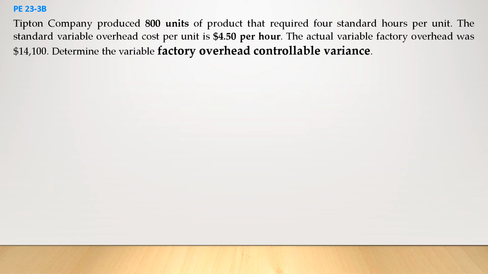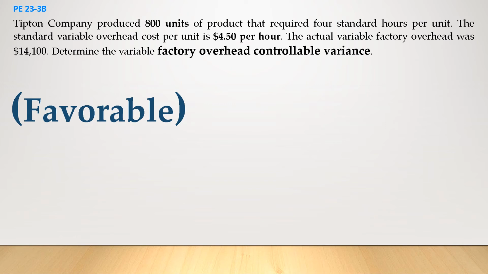The actual variable factory overhead was $14,100. We need to determine the variable factory overhead controllable variance. In this problem, what do you think? Is it favorable or unfavorable? It is favorable.